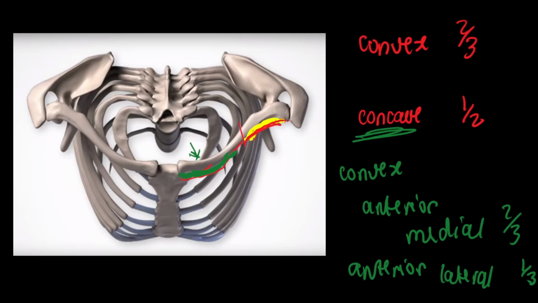Now the point between the medial 2/3 and lateral 1/3 is a likely point of fracture for the clavicle, and this occurs mostly when an individual falls on an outstretched arm. So the force is transferred from the arm to the clavicle and it could lead to fracture.